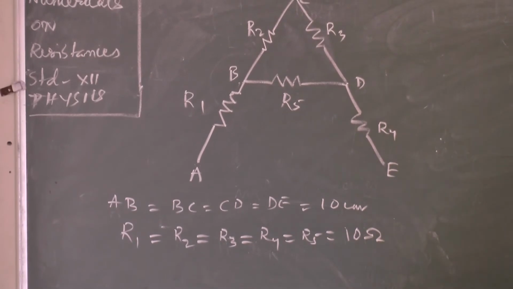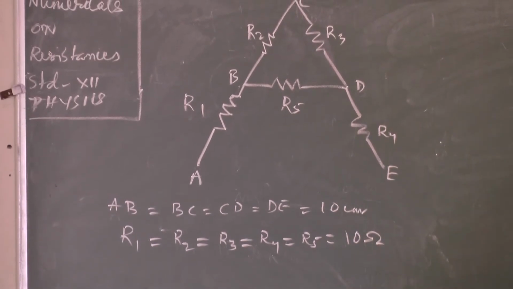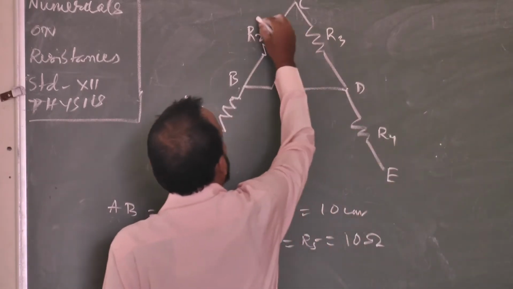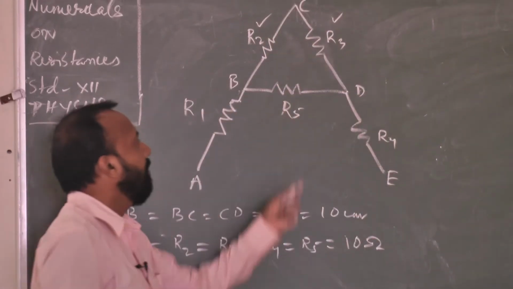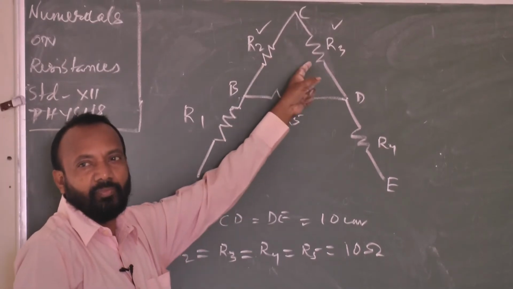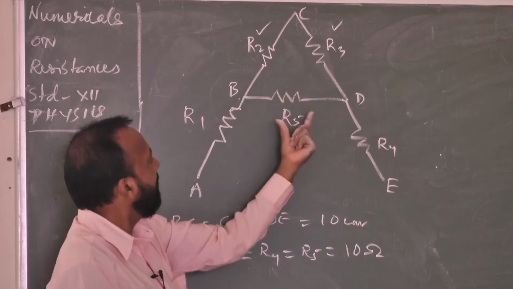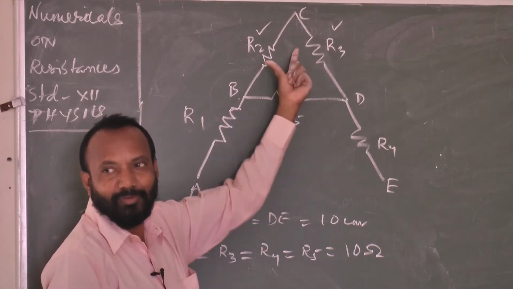Now, R2 and R3, you see here, this resistance, what? They are in series. So you have to add them, okay, in series combination. Then R5 will be what? Parallel with that.